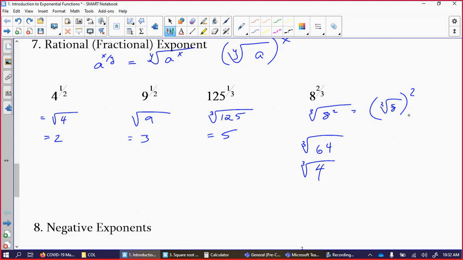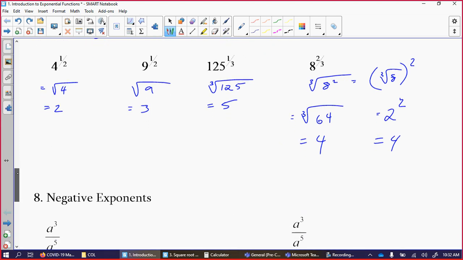If I do the cube root first, the cube root of 8 is 2, squared. Whoa, sorry. The cube root of 64 is 4, and that is 4. So it doesn't really matter which direction you do. Some numbers are easier. If you don't have a perfect root, well, do the exponent first. But that's stuff you did in grade 10 and pre-calc 11, so whatever.